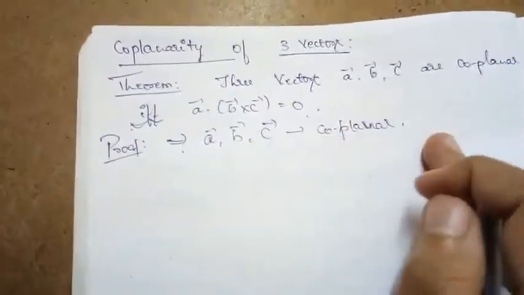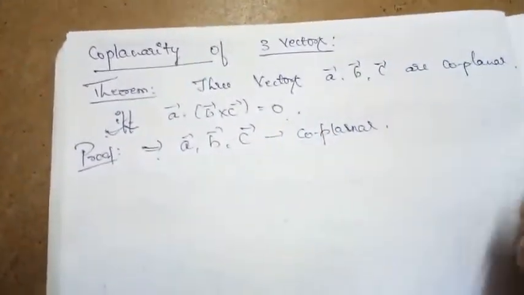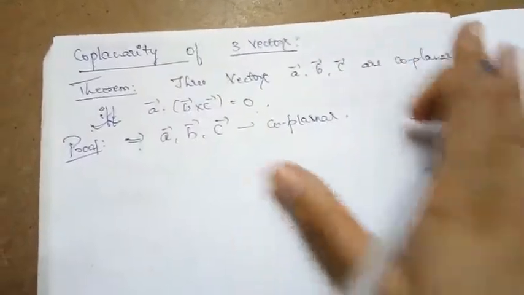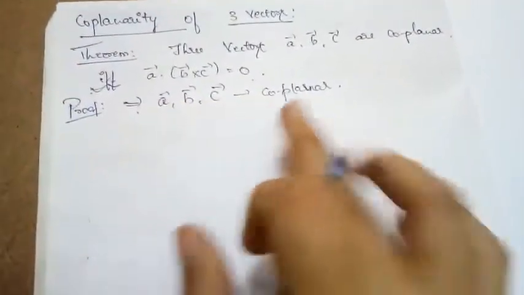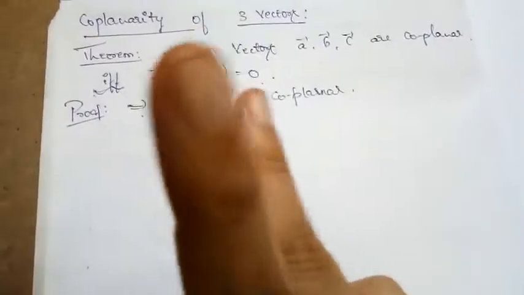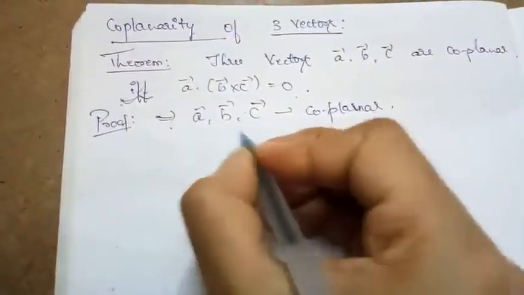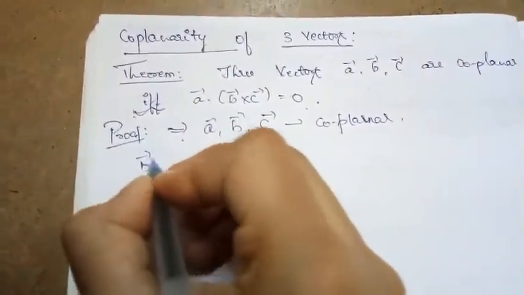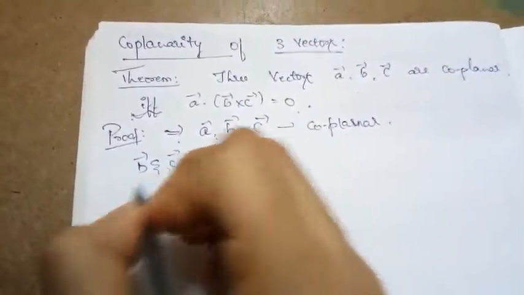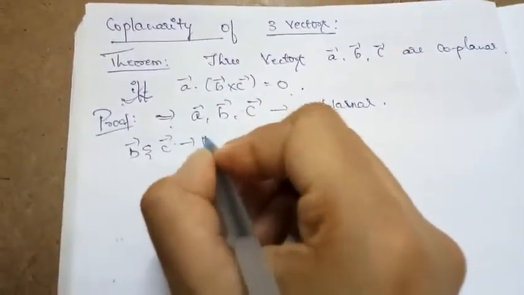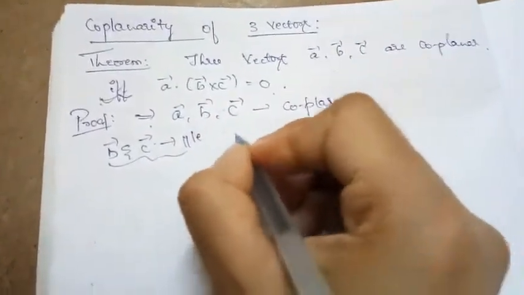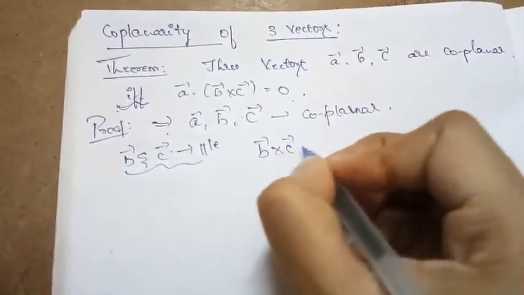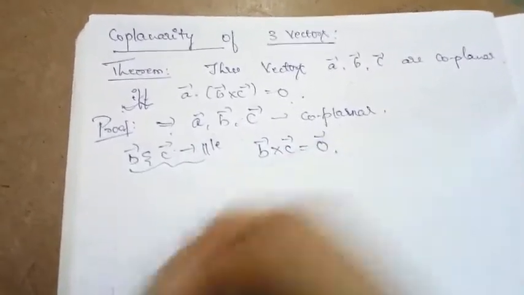Since it is coplanar, all the three vectors are lying in the same plane. Suppose I consider the plane is nothing but our book. So if all the three vectors are lying in the same plane, the first possibility, if vector B and vector C are parallel, since it is lying in the same plane, if these two are parallel, what happens? Vector B cross C will be equal to 0 vector.